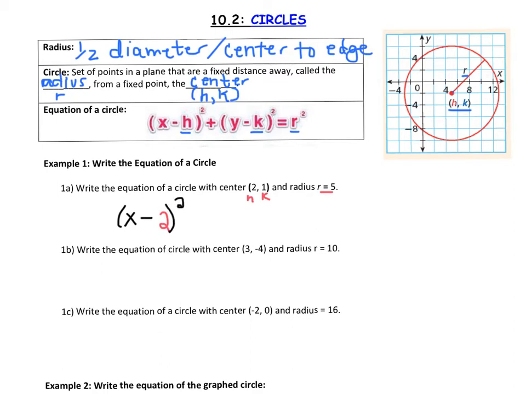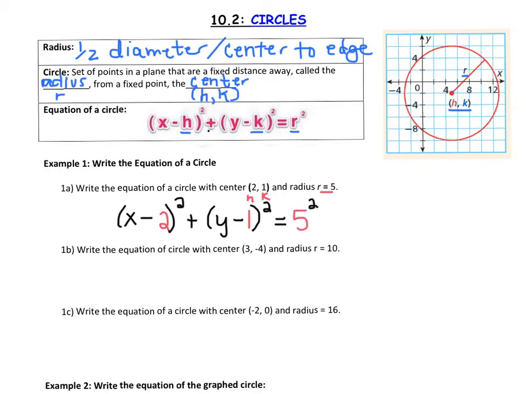Close the parenthesis and square it. Put your plus sign, parenthesis, y minus. Now we'll plug in the number for k, which is 1. Close the parenthesis, square it, and set it equal to the radius, which is 5 squared.